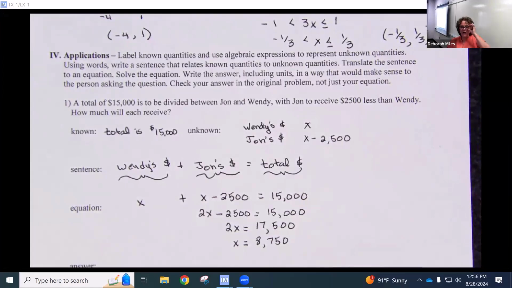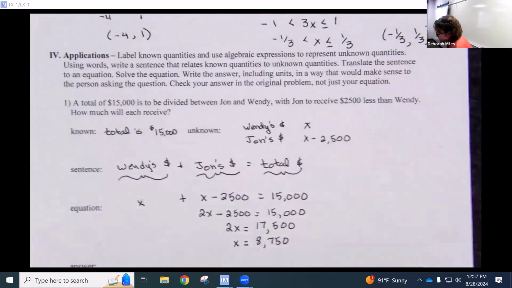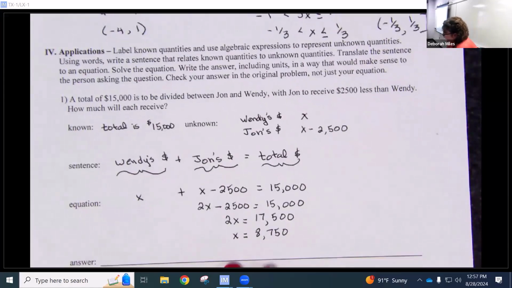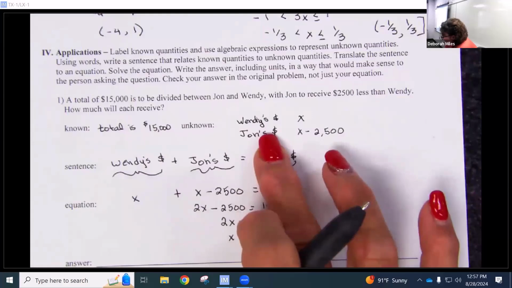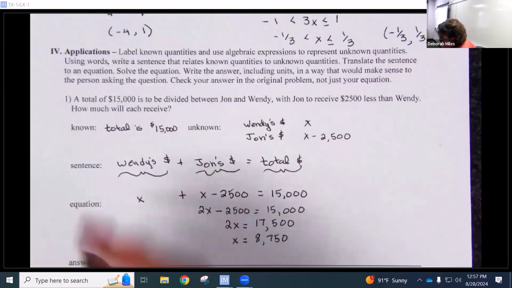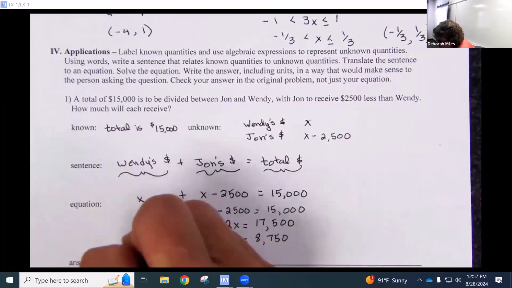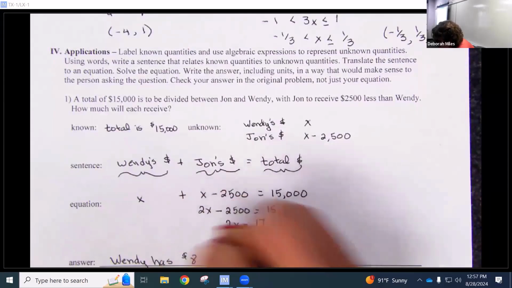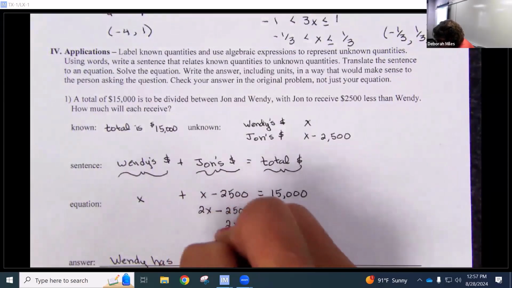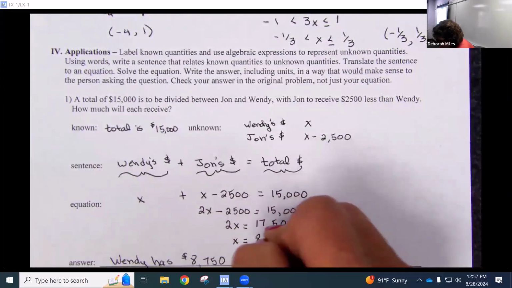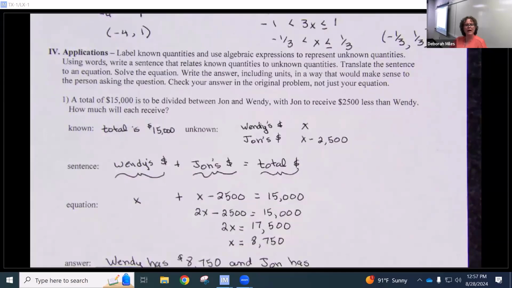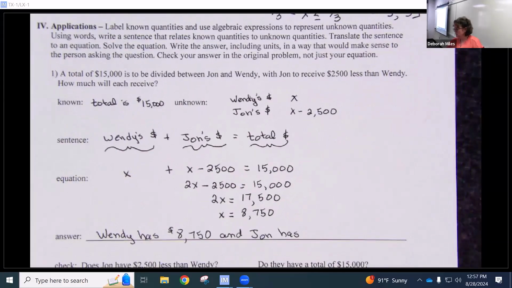But the answer is not X equals 8,750. John and Wendy don't know what X stands for. So that's not what I need to give for the answer. I need to say Wendy has $8,750. And John has, how do I determine what John has?